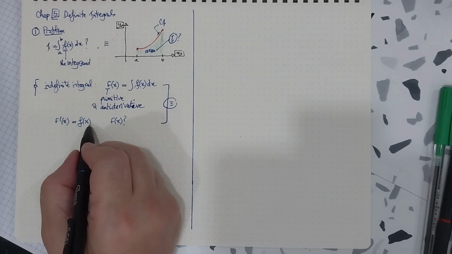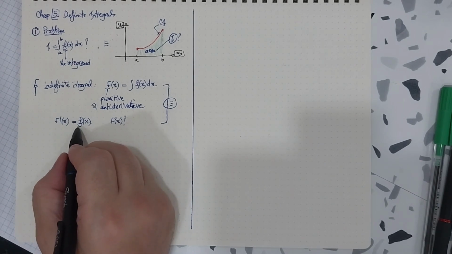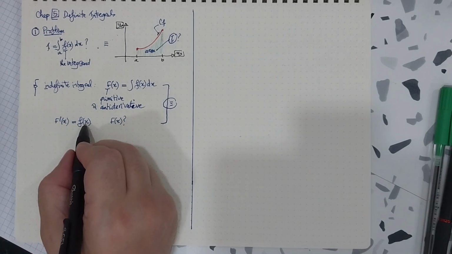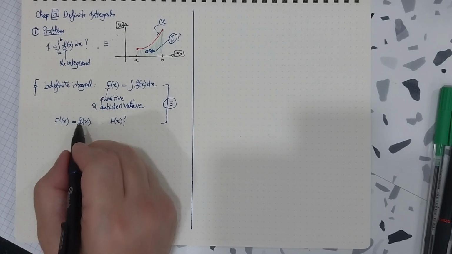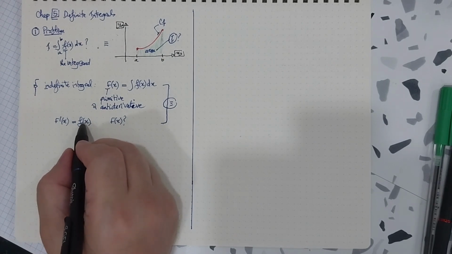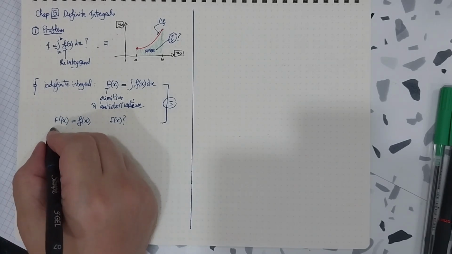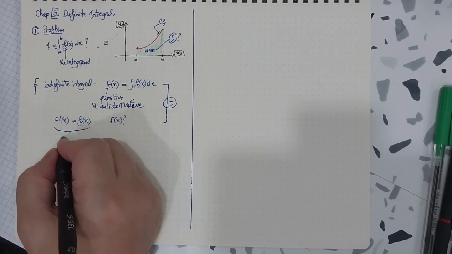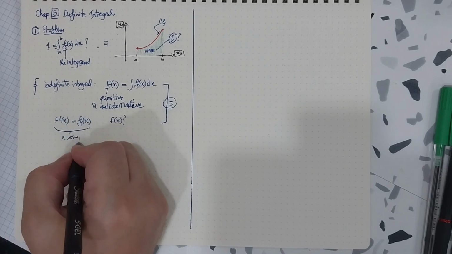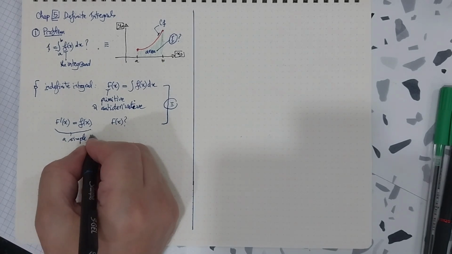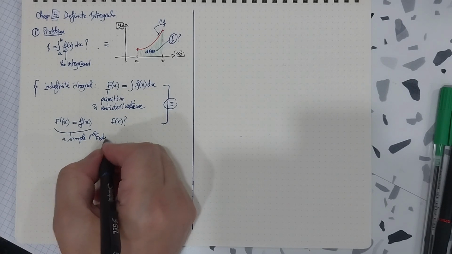And it is a simple ODE because the expression of the derivative depends only on the independent variable. In the general case, you find the independent and the dependent, the x and F. But in this case, you have only x. So it is actually a simple first order ODE.